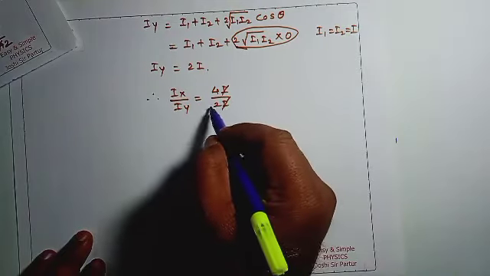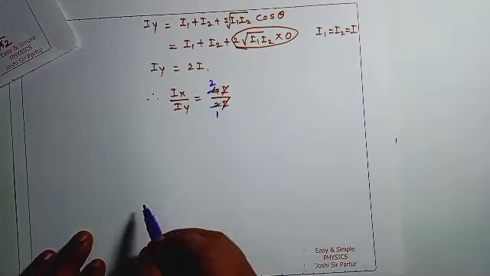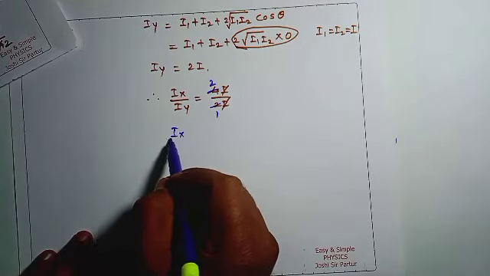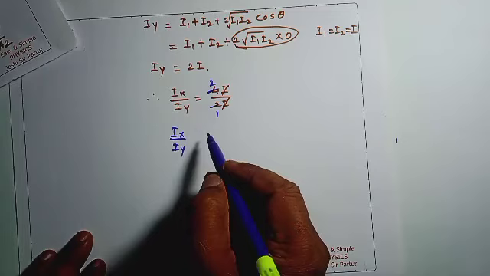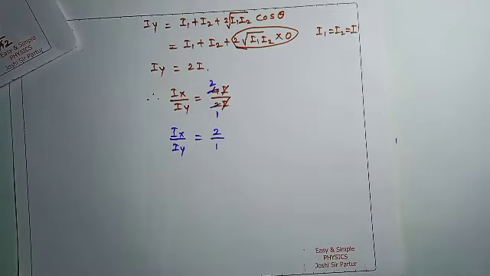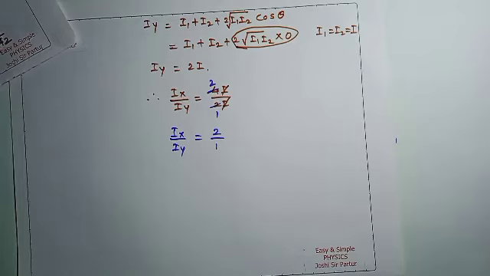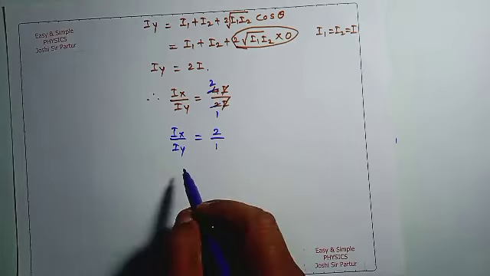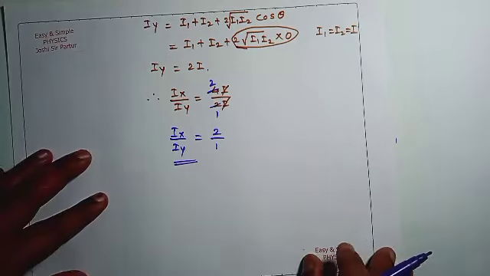So, 2 on the 2 and 2 to the 4. So, Ix upon Iy will be 2 upon 1. That is the ratio of intensity of the 2 points X and Y on screen in Young's double slit experiment. This will be the answer.